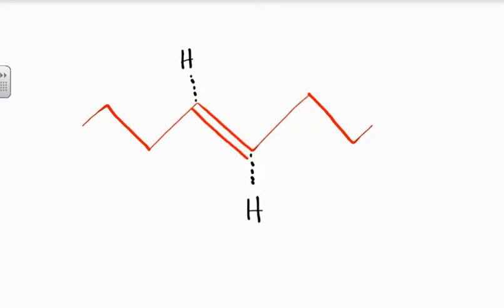Now we obviously can get EZ isomers here. I've just highlighted the one that I've drawn. Don't draw the hydrogens in your skeletal formula, but hopefully we can see that the way I've drawn it, my priority groups are not going to be the hydrogens.